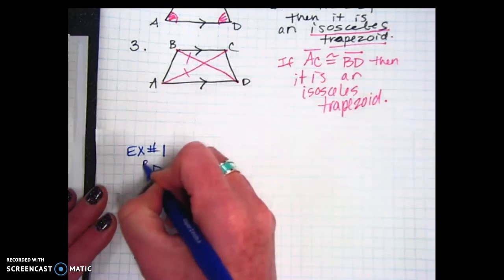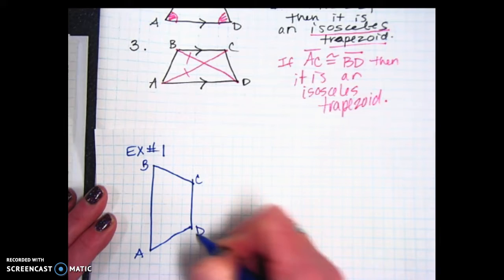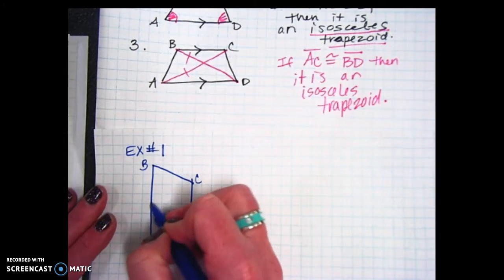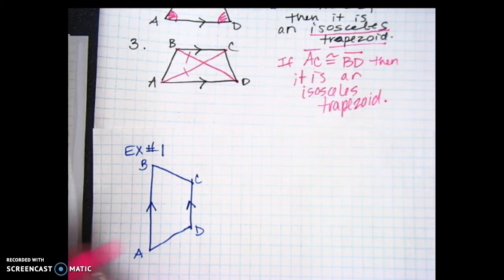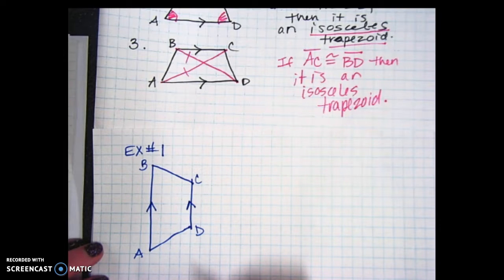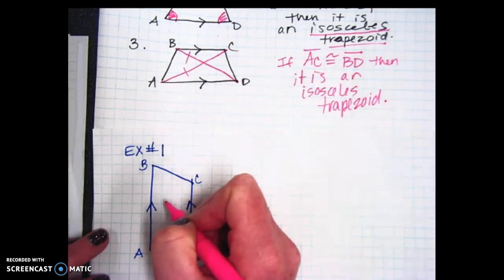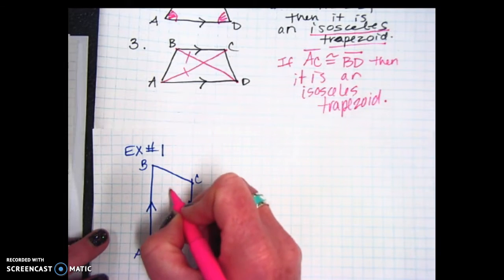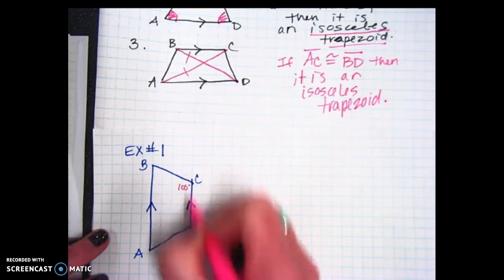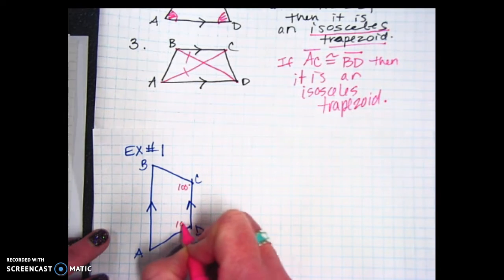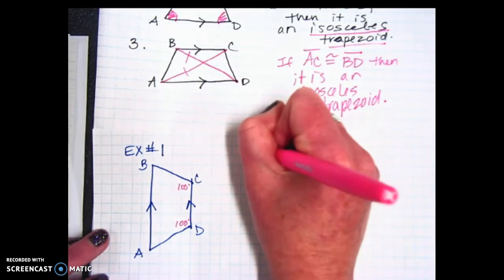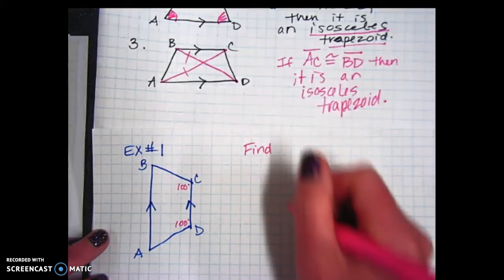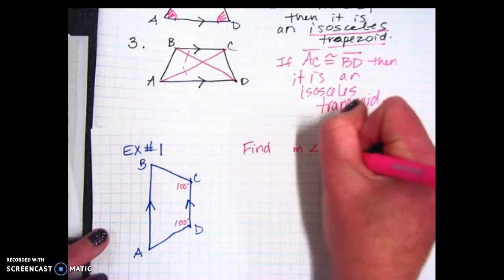We'll go with A, B, C, D. And here's what we've got. Angle C is 100 degrees. Angle D is 100 degrees. We're going to find the measure of angle A.